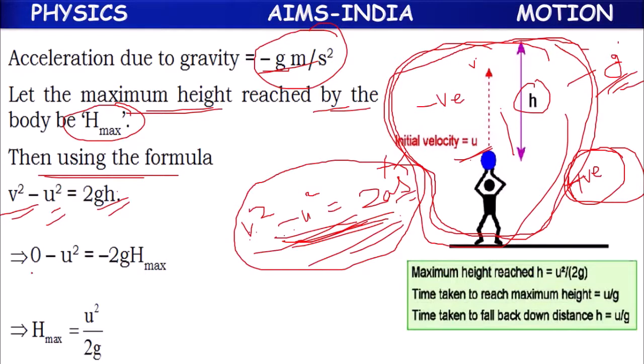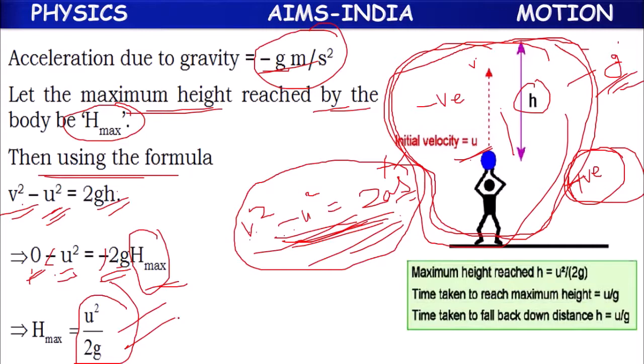So v square, final velocity 0, u square as it is, g value minus g, h value h max. We can substitute the values. To find h max, the minus signs cancel, 2g goes to the other side, and it becomes u square by 2g.